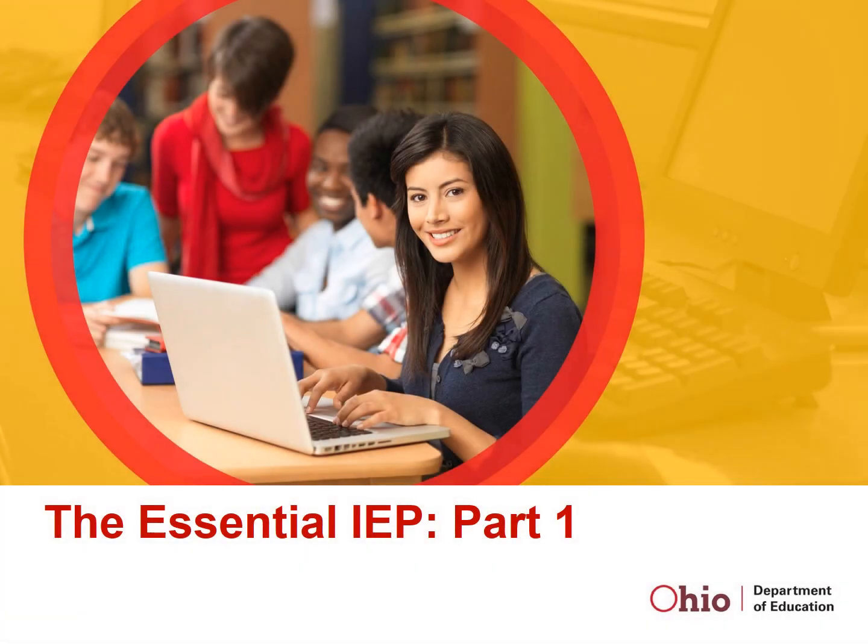Essential School Age IEP module is presented in three separate parts, focusing on the development, writing, and implementation of the Individualized Education Program, the IEP. Once a district has determined that a student requires a specialized program based upon the student's response to a scientifically based intervention program and subsequent evaluation assessment process, they have 30 calendar days to hold a meeting to develop an initial IEP.